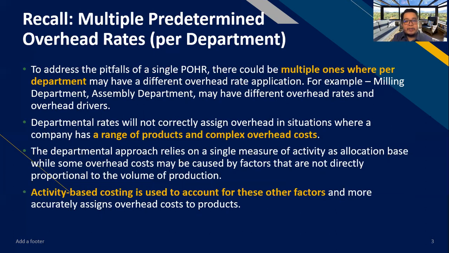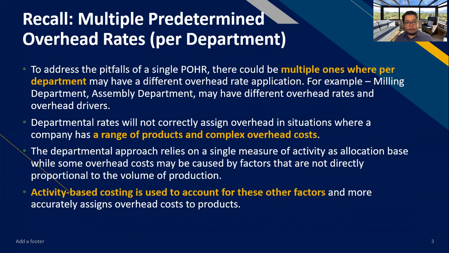Okay. The idea here is that activity-based costing is a solution to this problem, because we will be accumulating costs per activity, and for all of those activities, they might have different drivers. And those drivers will be tallied per product and will be used to allocate those specific activities.